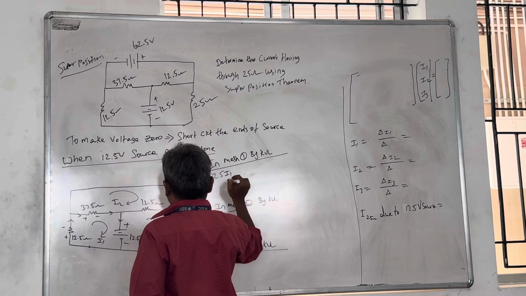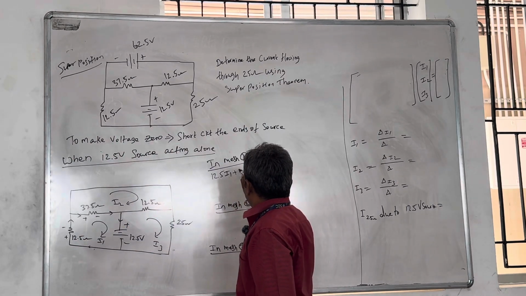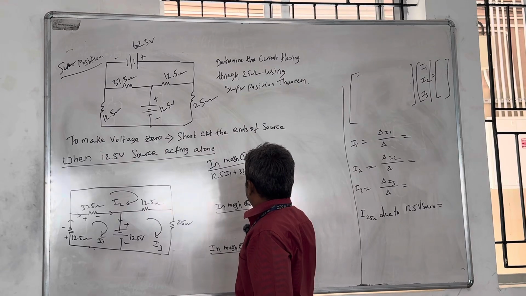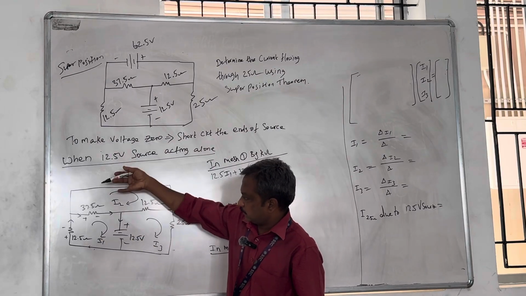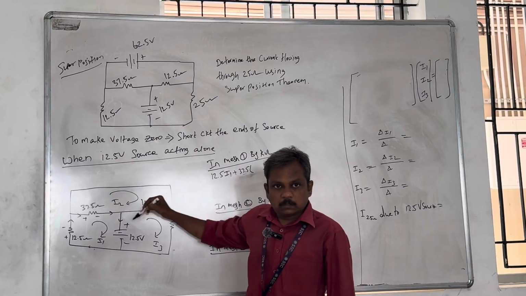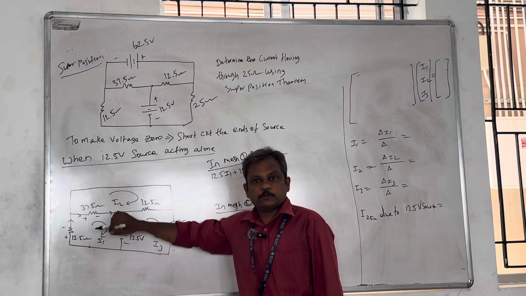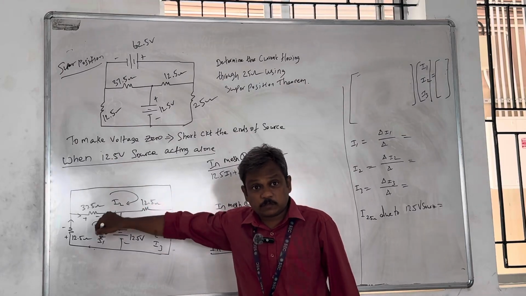12.5 I1 plus 37.5, this is common for I1 as well as I2. I2 will enter here, so I1 is opposite to I2. You are writing mesh equation 1.